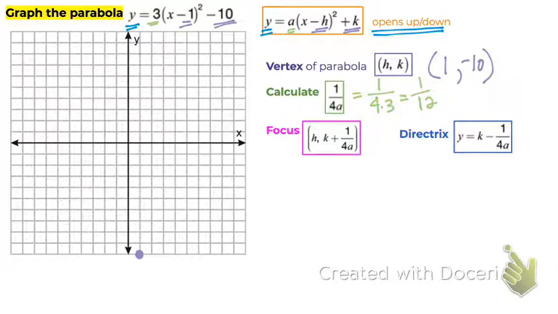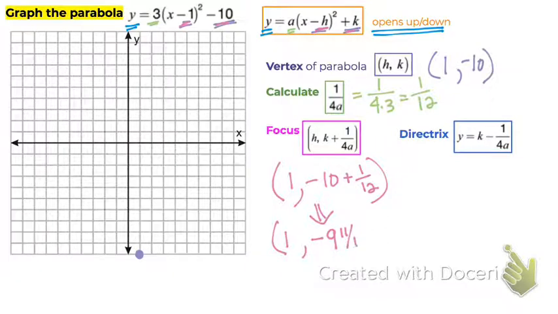The focus starts off with h, which is 1, and then k, which is negative 10, plus 1 over 12. So if I simplify that, I would get 1, and I'll say negative 9 and 11/12.